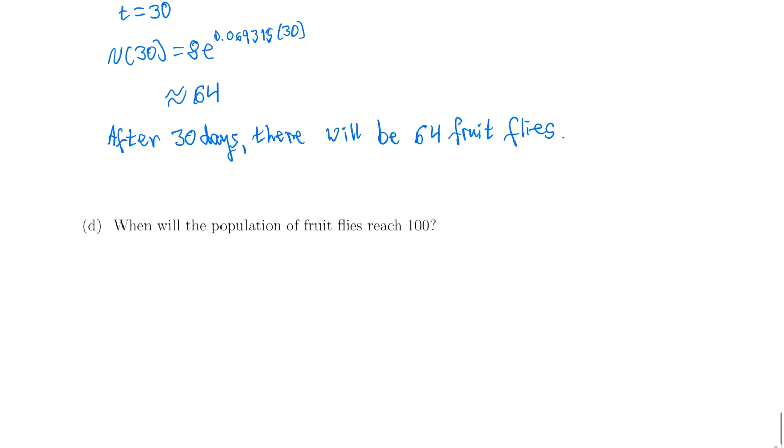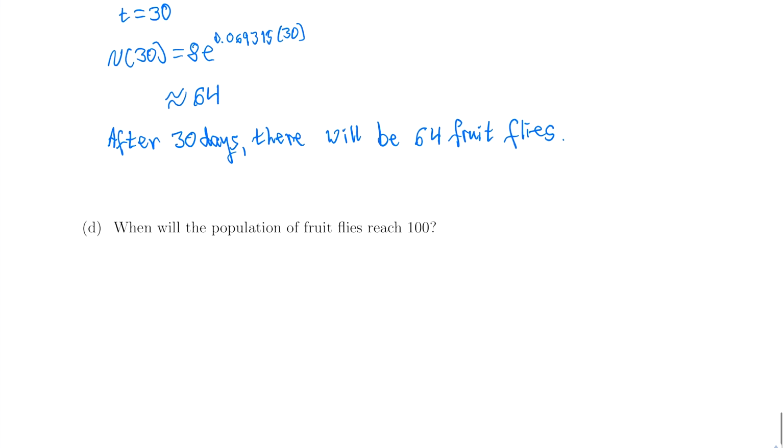Now for the last part of the question, it's the other way around. So now we want to know, when will the population reach a certain number? So in this case, 100. Let's say you have a limit of how many people you can feed, or how many of a species you can have in whatever environment you're looking at.